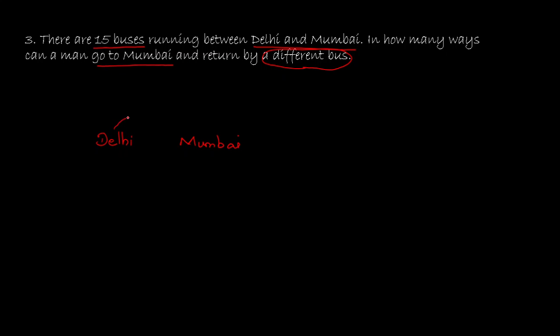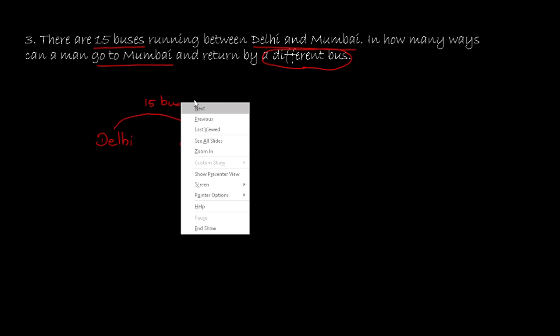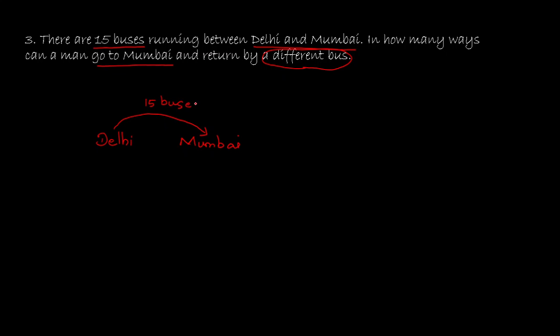He can choose one bus from 50 buses. Then he returns from Mumbai to Delhi by a different bus, so he has only 49 buses.